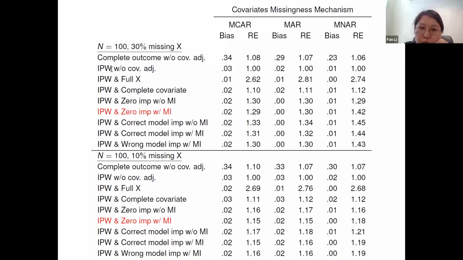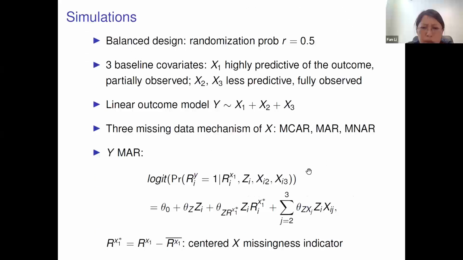We know that covariate adjustment works pretty well, and it is useful when you have small samples. So we create a case where you have 100 units and 30% or 10% missing data, missing X. And also, what's the proportion of missing Y? I think it's around 10% or something.